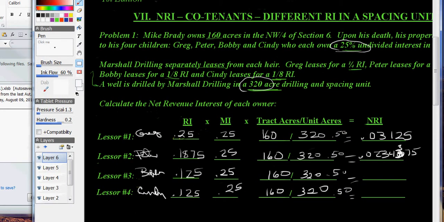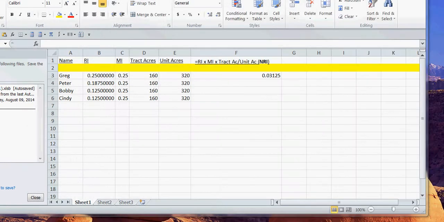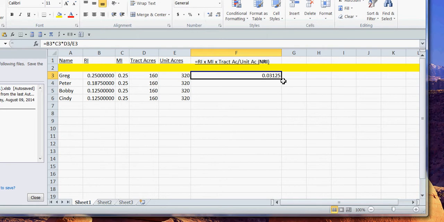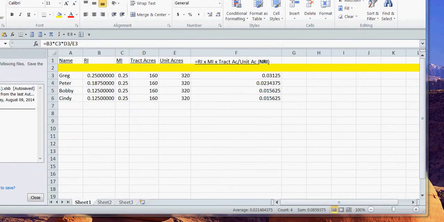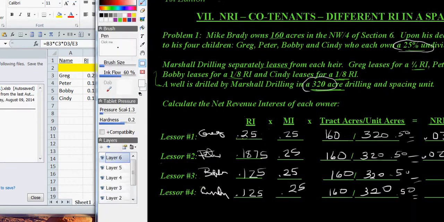But now instead of having to separately calculate everybody's interest, we can just take this tab here, and when it makes the skinny plus sign, you just scroll that down, and then that gives you all the different interests. So you see we got a 0.0234375 for Peter, and for Bobby and Cindy it's a 0.015625.